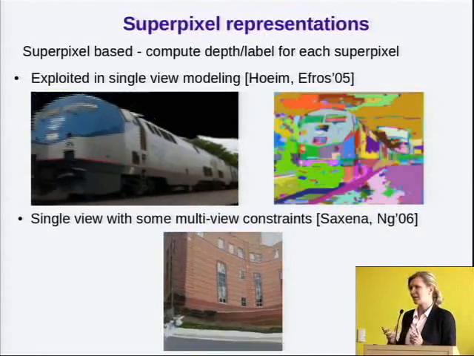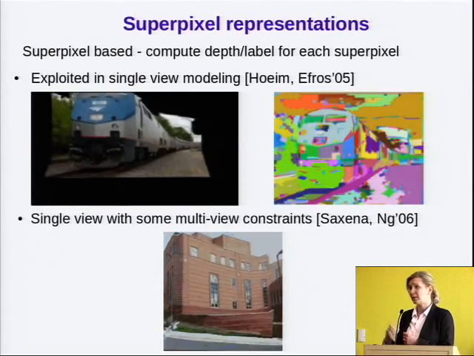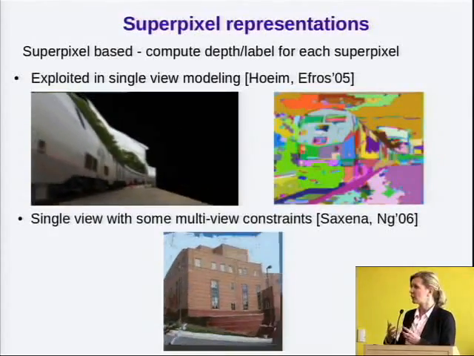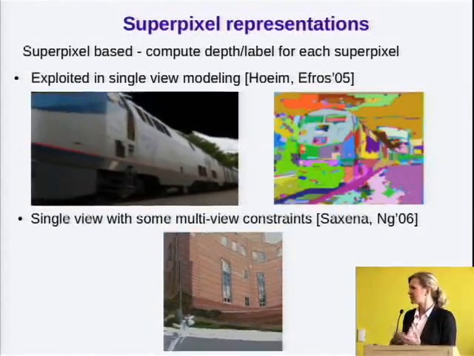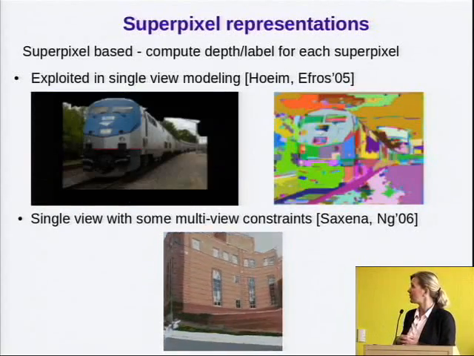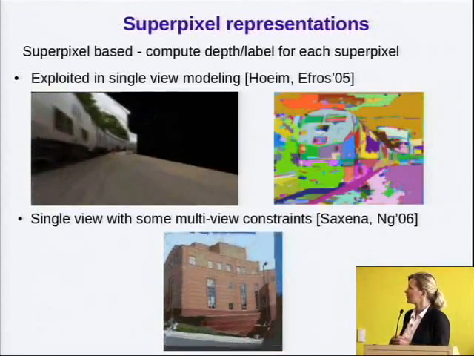So given some region over-segmentation of an image, try to assign either a depth or a label to each superpixel such that some overall consistency is maintained.